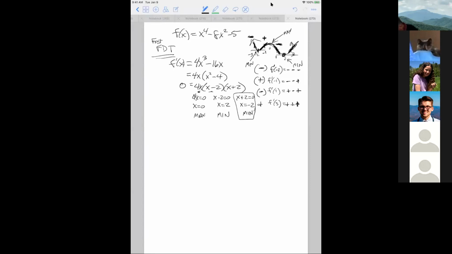So f of -2 is equal to -2 to the 4th minus 8 times -2 squared minus 5, which is 4 times 4, 2 times 2 is 4, 4 times 4 is 16 positive. I've got a +4 times a -8. I've got a -5. So that's -37, that's -21. So the point down here is going to be -2, -21.